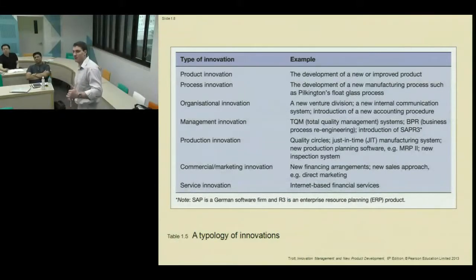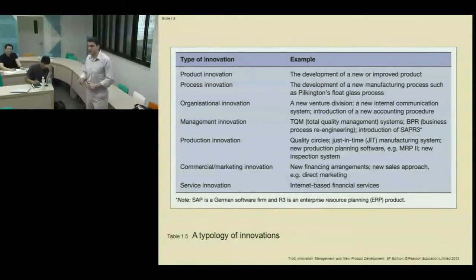Then again, we have product innovation, the development of a new or improved product. We have process innovation, which is the development of a new process that actually improves the experience of the customer or improves some aspects of the product and so on.